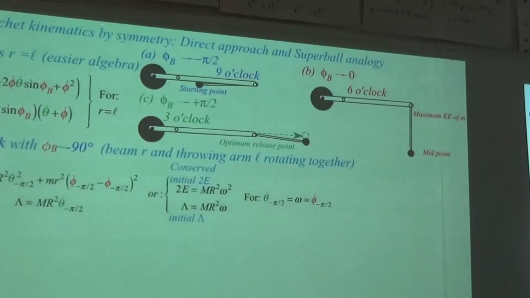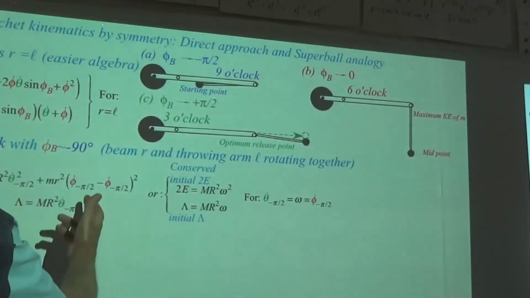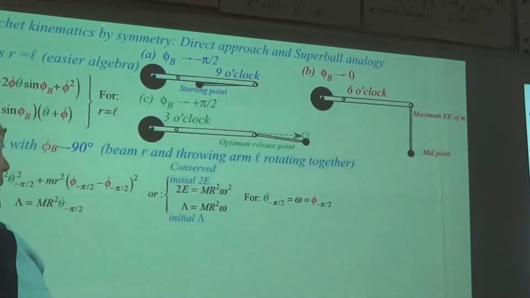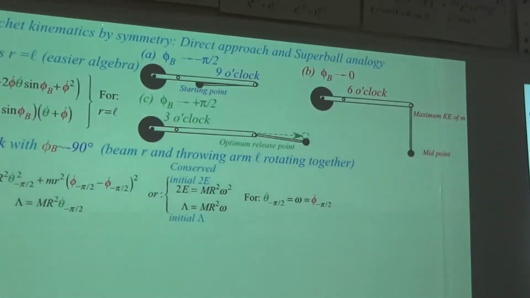All right. So let's look at the 9 o'clock. Just put the algebra down for that particular case, where the beam angle is minus pi over 2, the sine is minus 1. So I end up with this here. I get a square of the sum of the two velocities at the corresponding places.